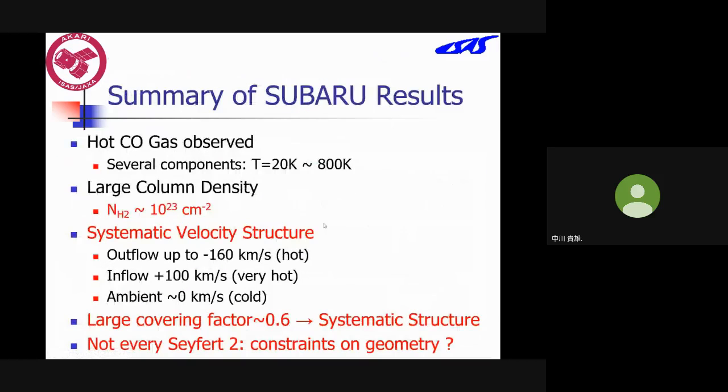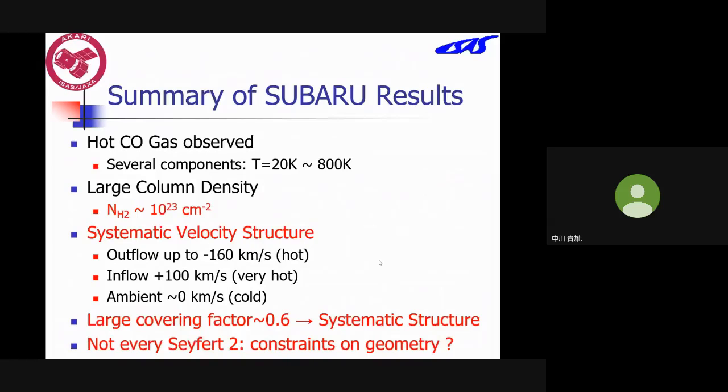So as I said, we are seeing components of high temperature with a large column density, something like 10 to the 23rd, with several velocity components. Another point is the large covering factor. The observed depth is very deep, so the covering factor is as high as 0.6.